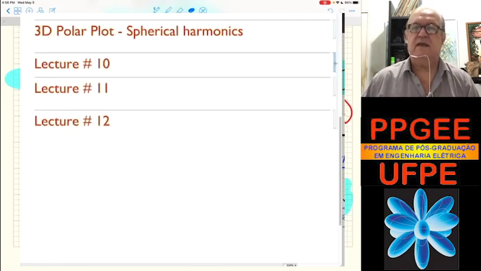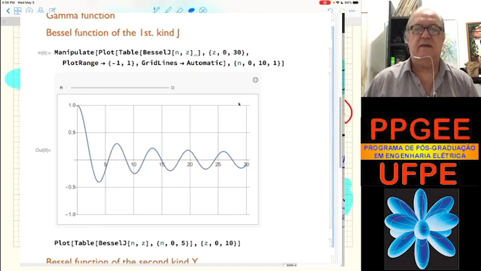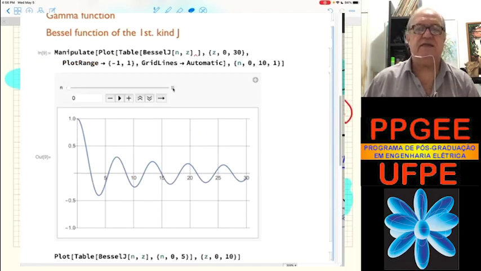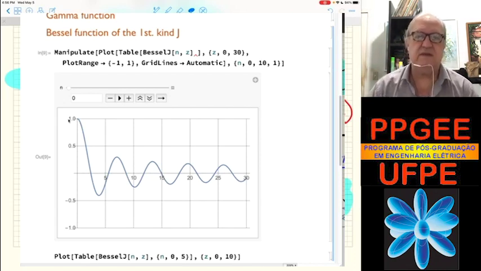Sorry about that. J, right? I think it's this one here. Yeah. So we have J0 already showing there. I'm going to scan the index. You see that J0, Bessel function of order 0.